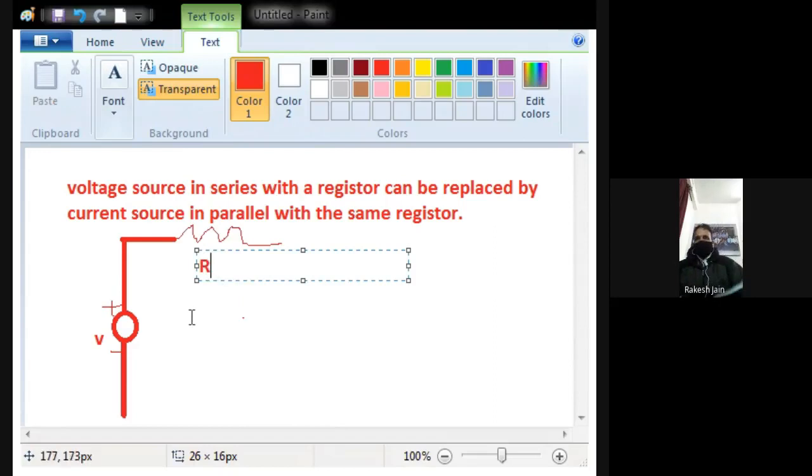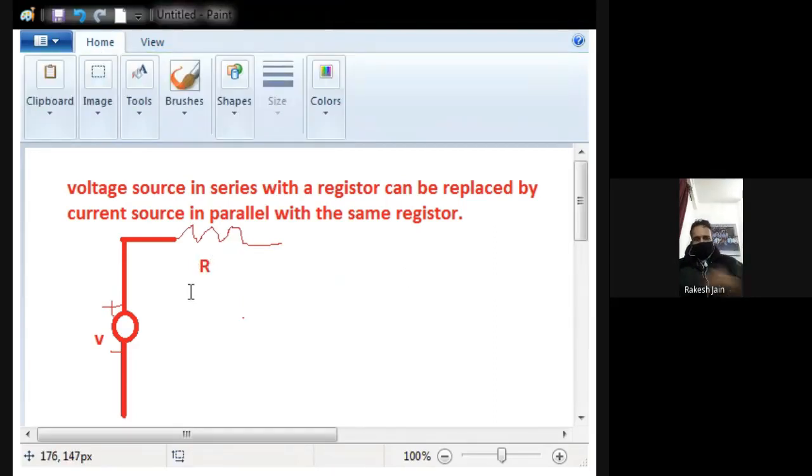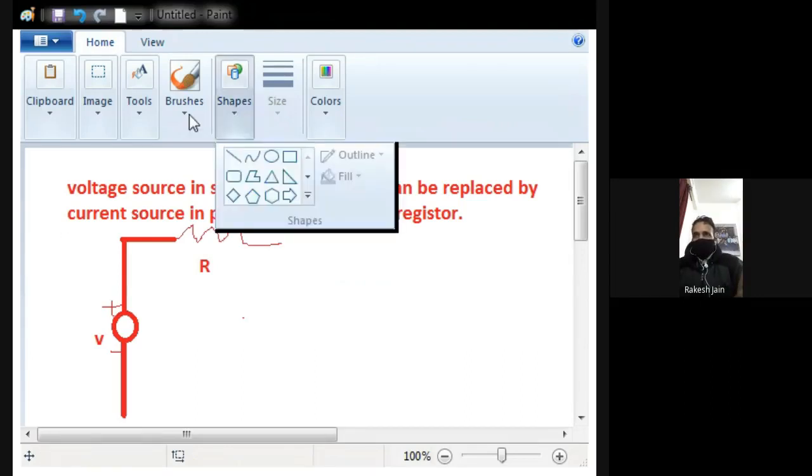Okay, so what I said, the voltage source will be replaced by a current source in parallel with a resistor.